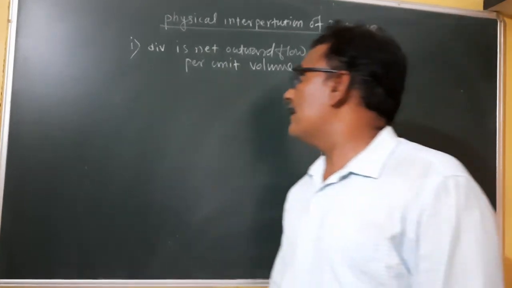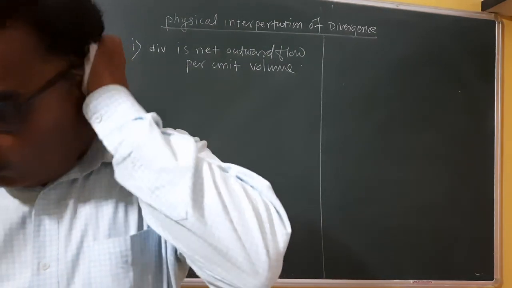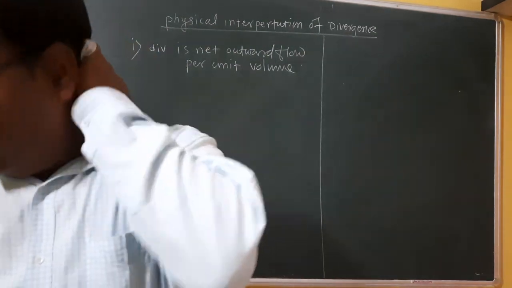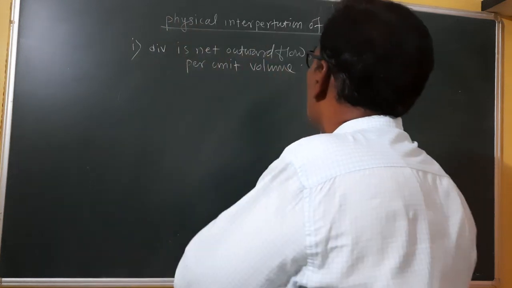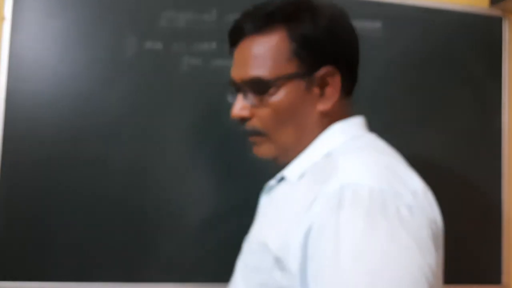Divergence is the net outward flow rate per unit volume.